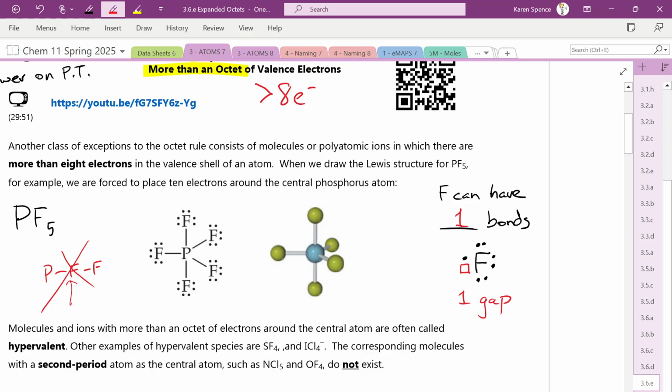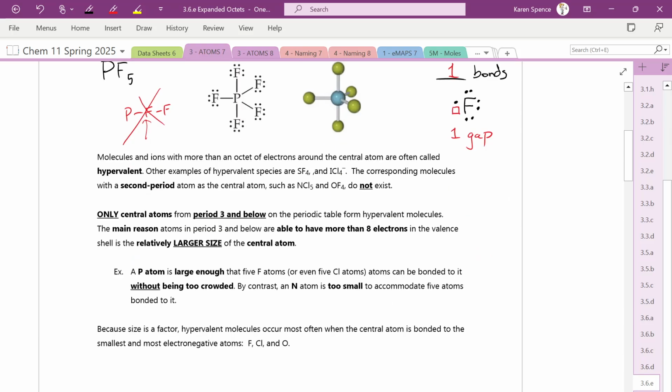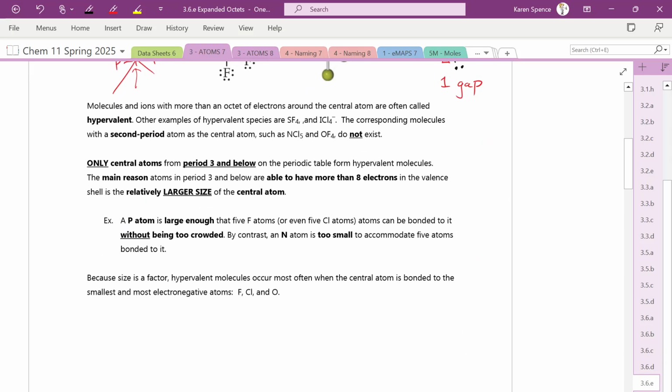So what do we have to do? Well, everybody has to attach to the phosphorus. So we'll stick them on there as best we can. If you didn't know what you were doing, you could just draw it at the bottom here: P, and then F, F, F, F, fluorine, fluorine, fluorine, fluorine.